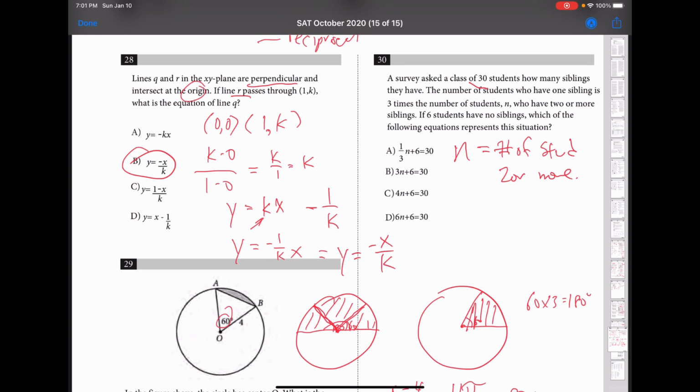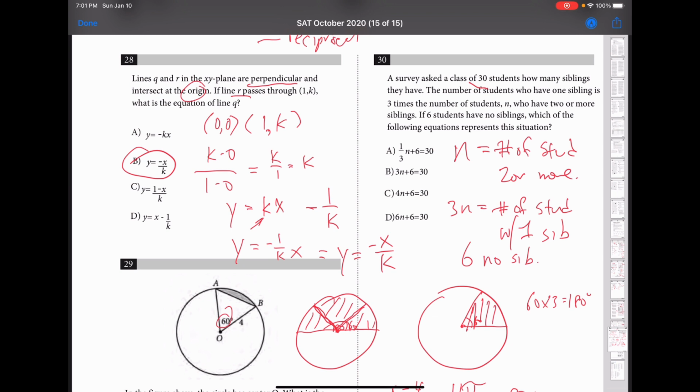Therefore, the number who have one sibling is 3 times n, so 3n is the number of students with one sibling. And if 6 students have no siblings, then there are 6 people with no siblings.